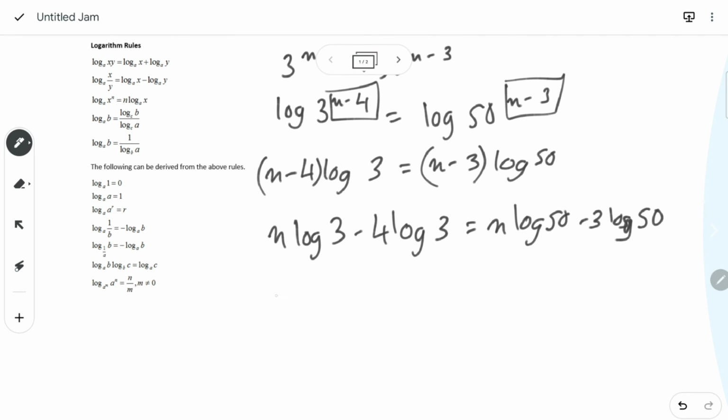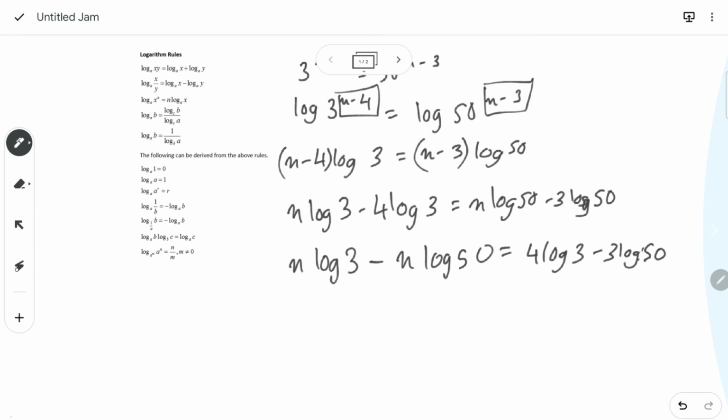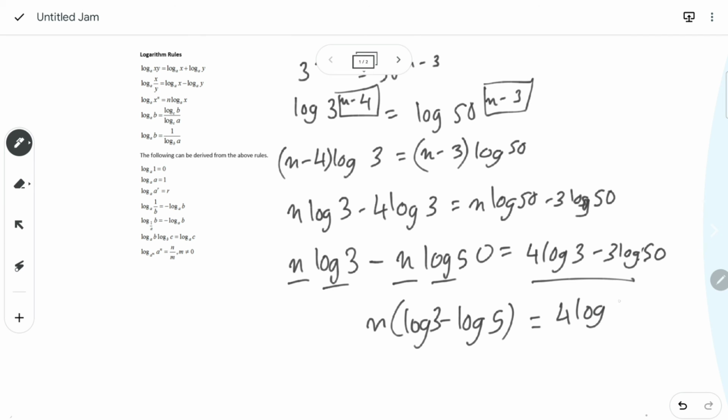What you're going to do is move the same terms together, x with x, numbers with numbers. So now we have same term, same term, same term, same term. So this means that you can simplify it. This one you can either use calculator to get the value, or you can just keep it.